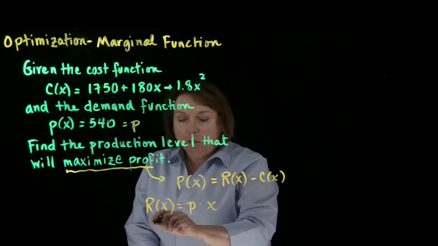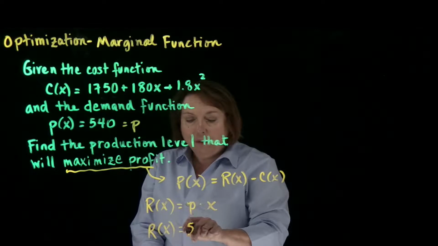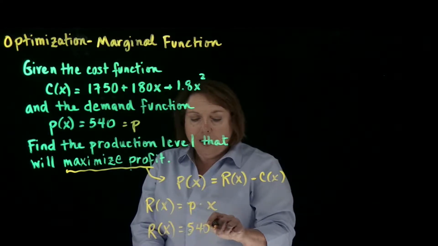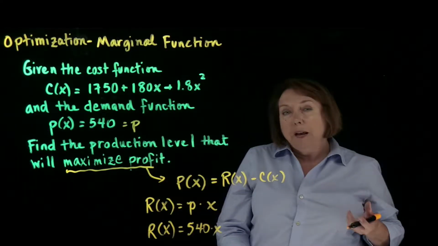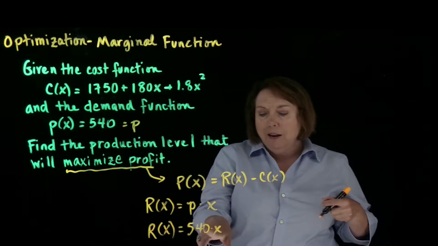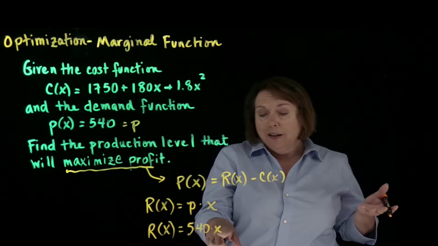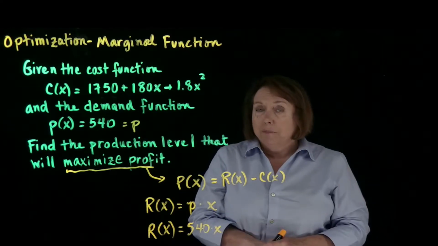So for this problem, our revenue function is 540 times x. Makes sense. The amount of money they're going to be bringing in will be the number of items they produce and sell times the price for each item.